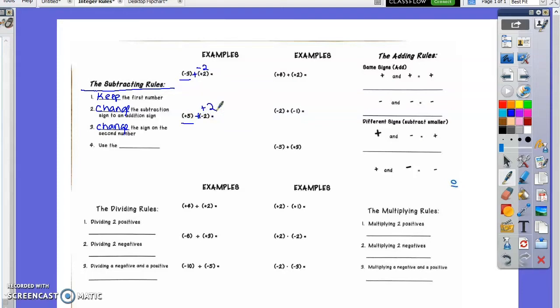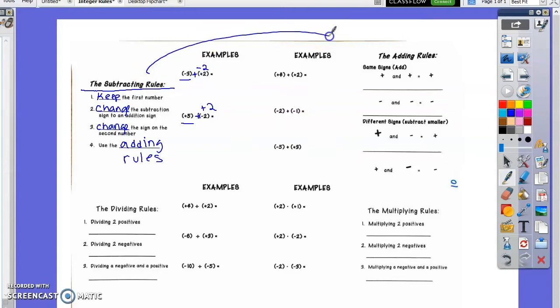Okay? Fourth rule, after all of that is done, is you then want to use the adding rules. So before we do the examples, let's move on and fill out the addition rules so that you know what you need to do to complete the subtracting examples.